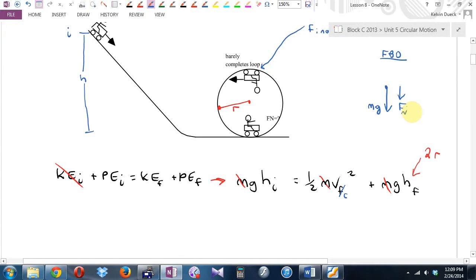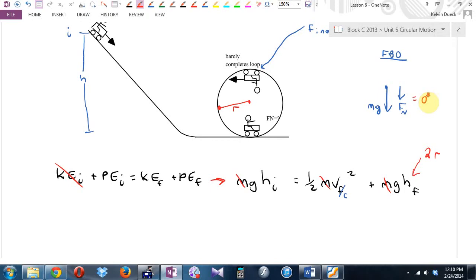Now, if you're barely making it over the top, how heavy will you feel at the top? For a split second, you're going to feel weightless. If I'm barely making it, what I'm really saying at the top is I want the normal force to be 0. At the top, the only force that I want is gravity. This is terribly unsafe. This is barely making it. You would shriek in terror because you would feel like you were about to fall off, fall down, however you want to think about it.